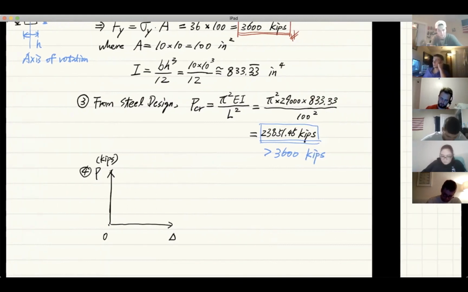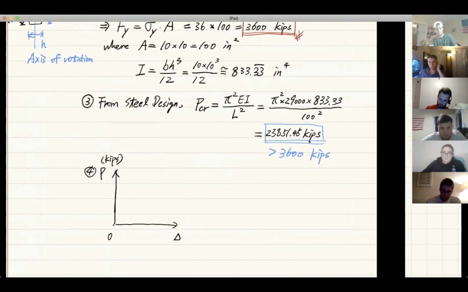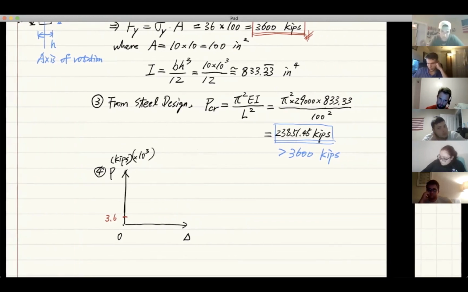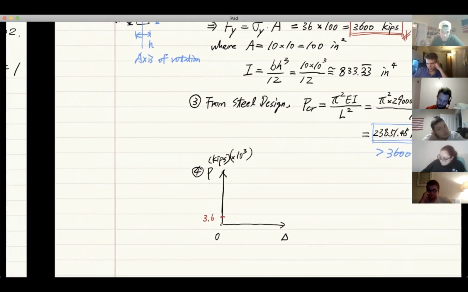The lower value now becomes 3,600, and the higher value is 23,000. So one is 3.6, the other is 23.8. And so if we mark these two, 3.6, we say this is times 10 to 3. And the other one is 23.8. That means it is this value here.